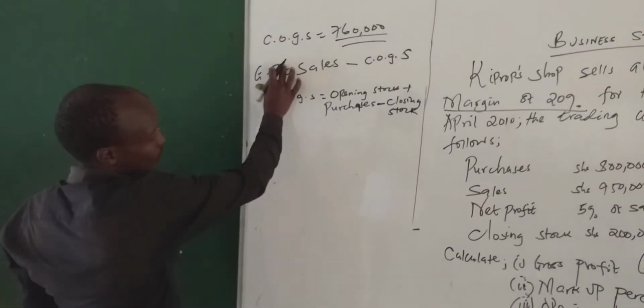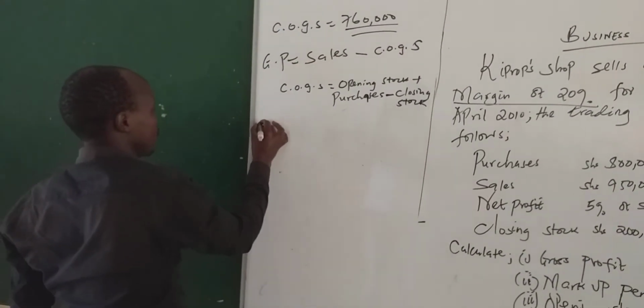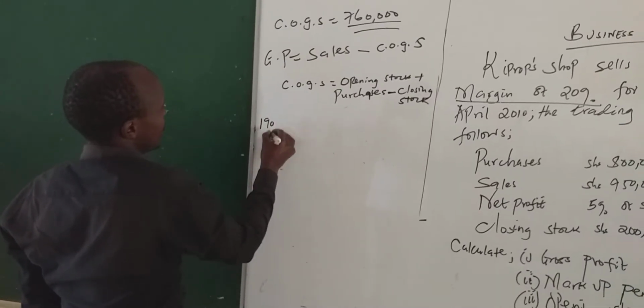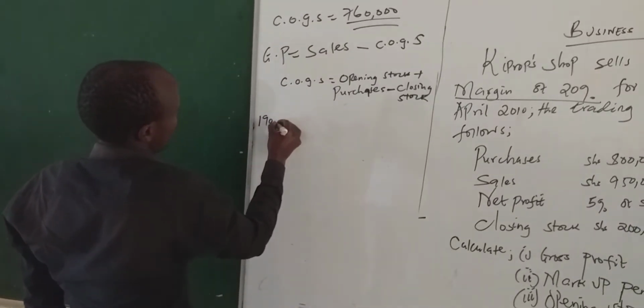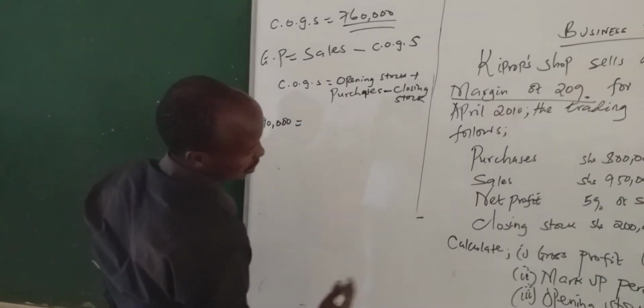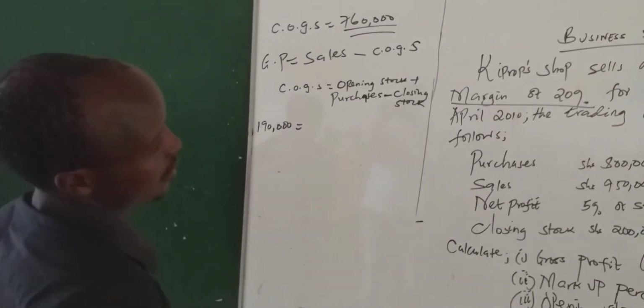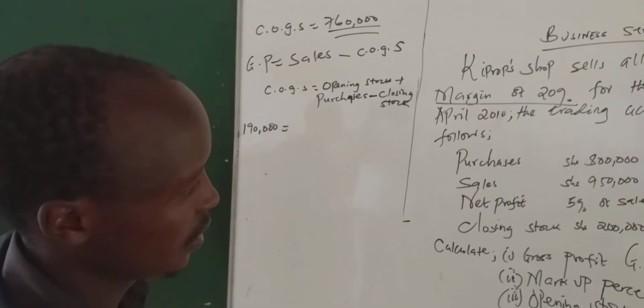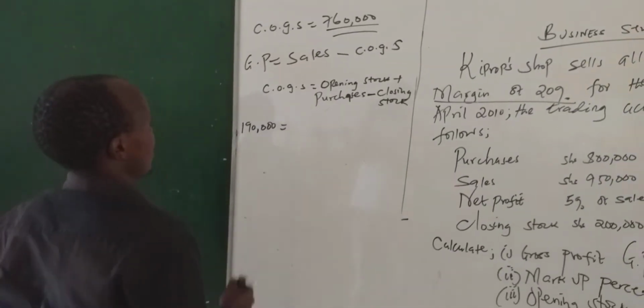So we have our gross profit. We all know that our gross profit is 190,000, which will be given by sales. What is our sales? Our sales was 950,000.